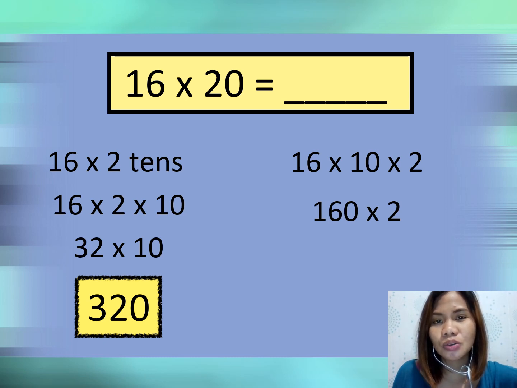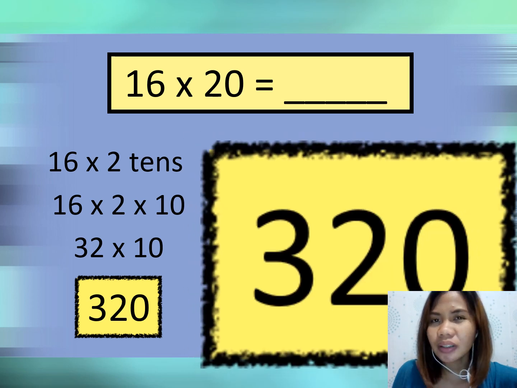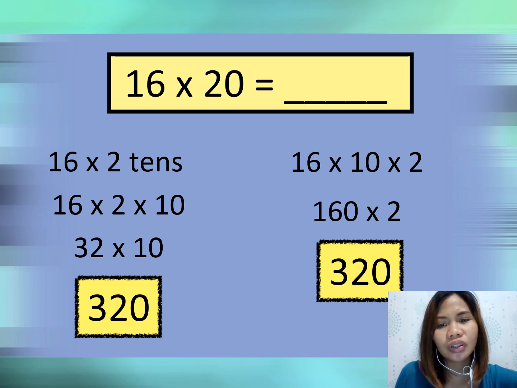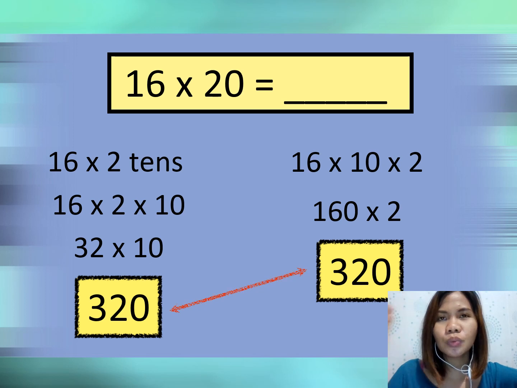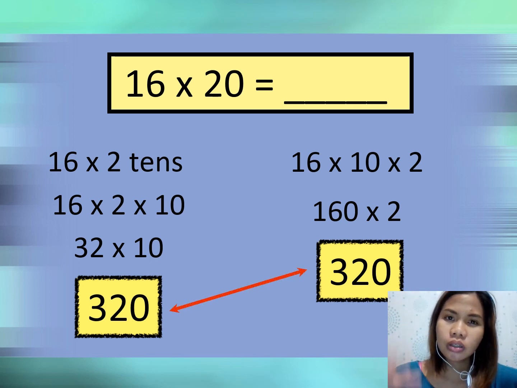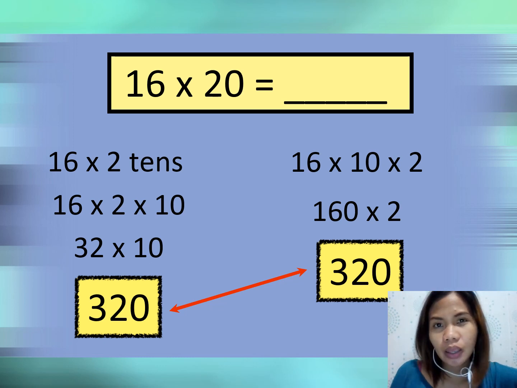Multiply it by 2, and the correct answer is still 320. So it's up to you which will you use. You will get the same answer even if you change the position of the 10 and the 2. Do you understand? Okay.